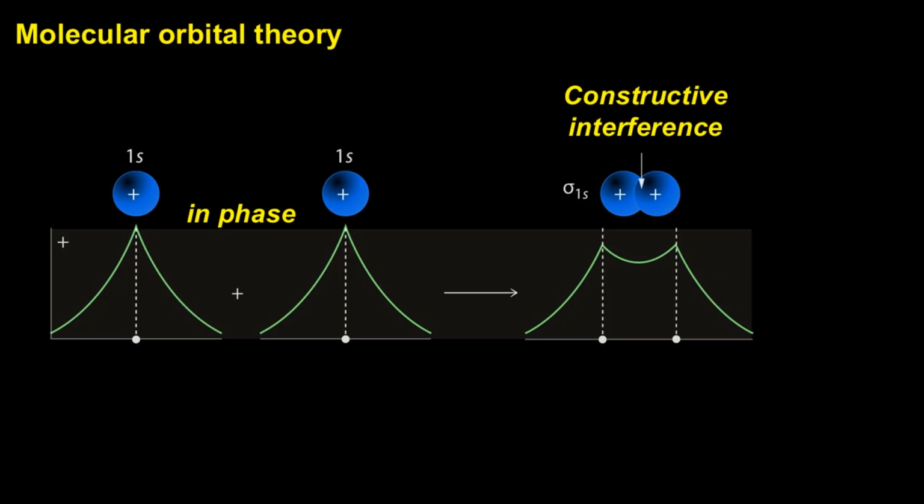Now, here's where interference comes in. If two atomic orbitals combine in phase, meaning their wave functions match up and reinforce each other, they create constructive interference. And what does that lead to? A bonding molecular orbital, which has lower energy and helps stabilize the molecule. When electrons occupy this bonding orbital, they hold the atoms together more effectively, making the molecule more stable overall.